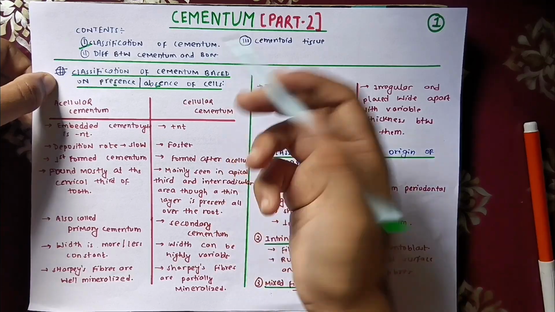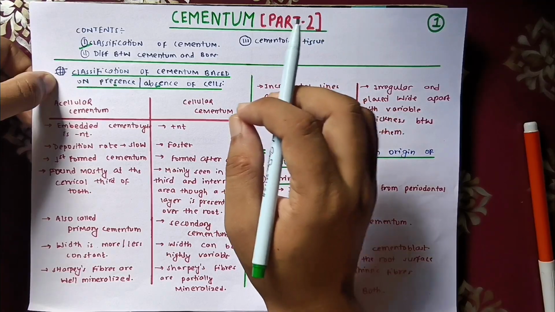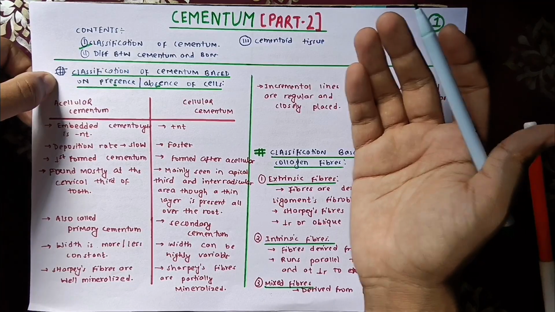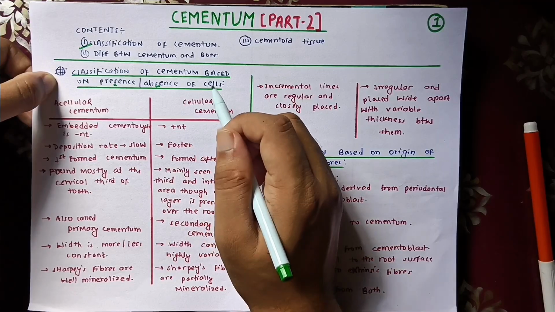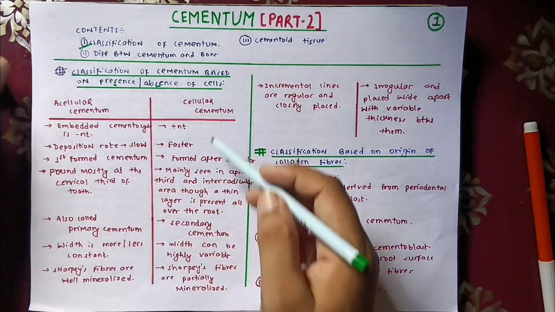The cell means the cementocyte, the cells that are associated with the cementum. I will discuss that in the next part of this cementum, but for today, the cell means the cementocyte.